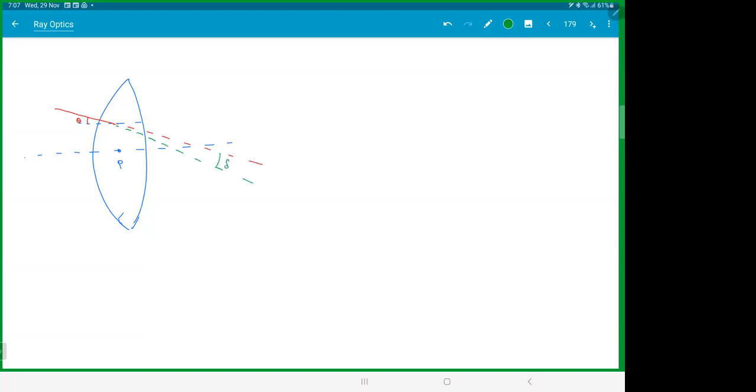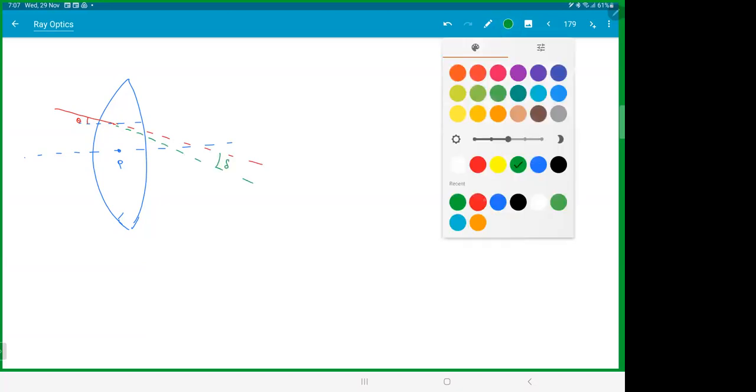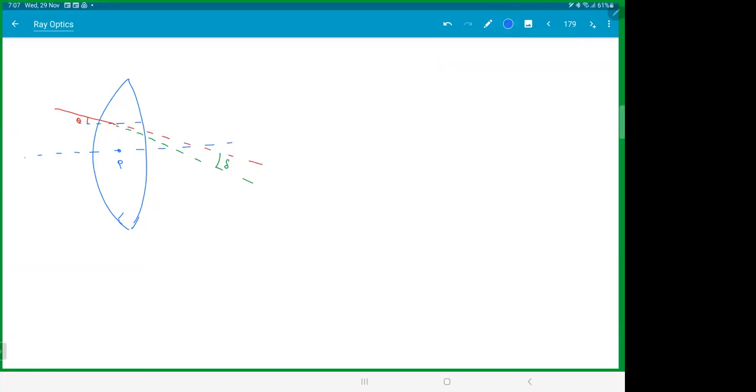That is your delta. So if you send one more light ray parallel through this pole, at the same angle theta, this also would have gone in a straight line. So basically this green line, which is deviating, will eventually go and meet somewhere here.